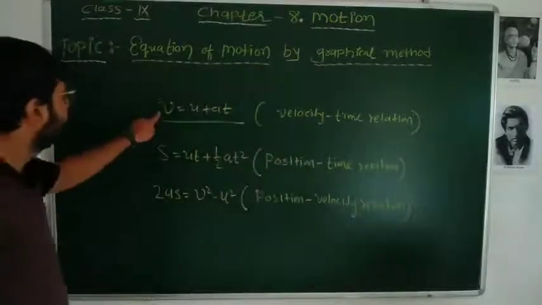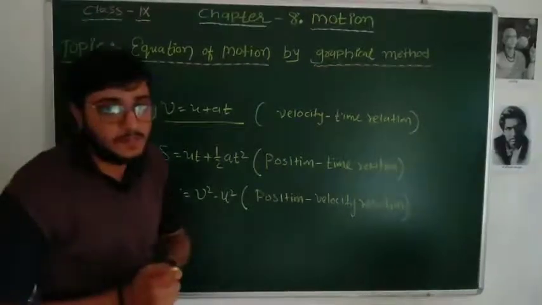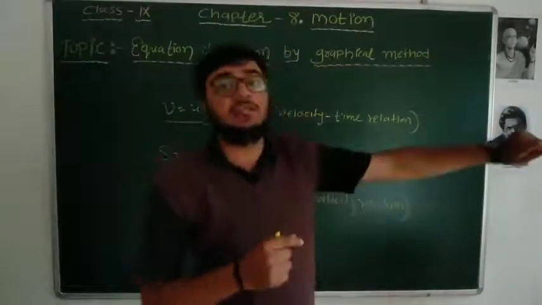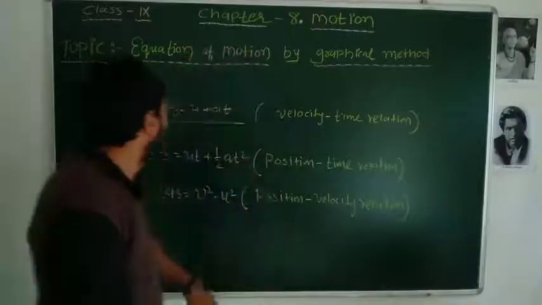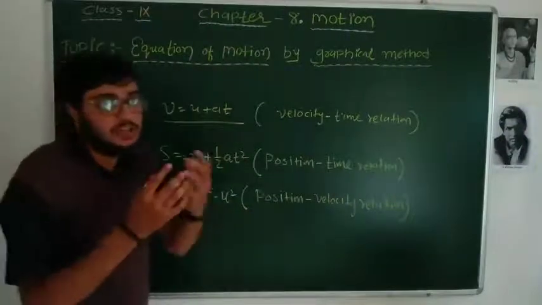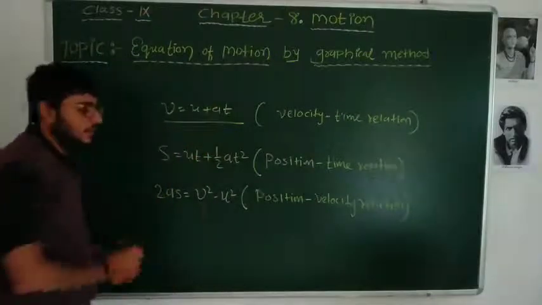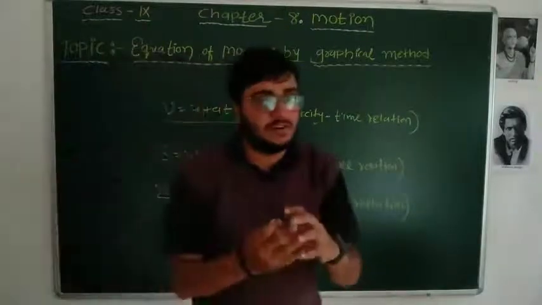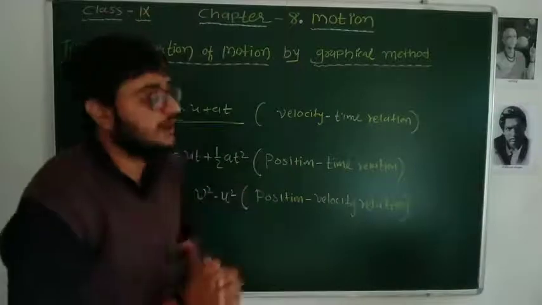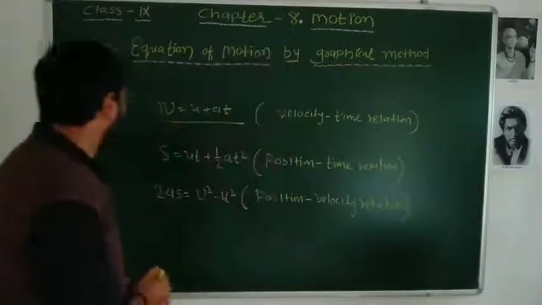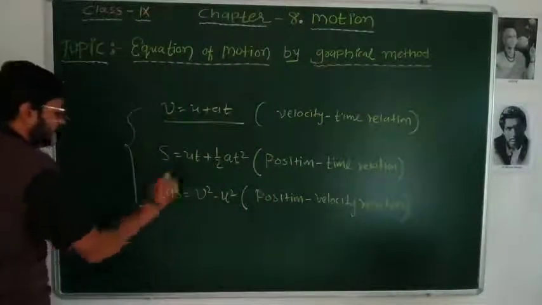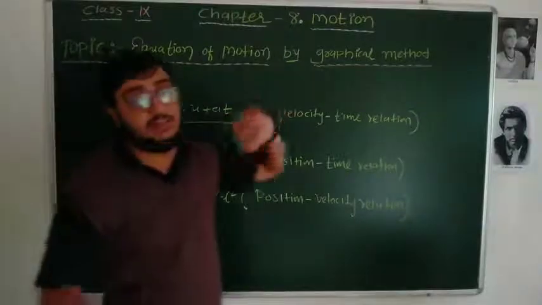Here V is the final velocity of an object moving in a straight line with uniform acceleration, U is the initial velocity of the object, T is the time interval, and A is the uniform acceleration of the object. These three equations we can derive by the graphical method.